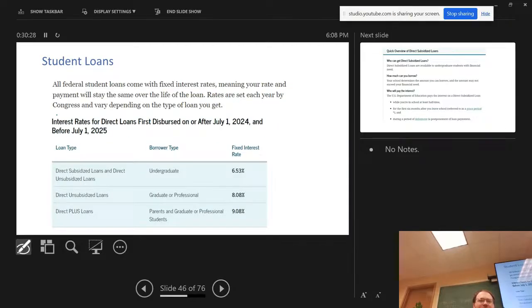One type of loan, I'm willing to bet at least somebody in here has to deal with: student loans. As someone who is still paying off his loans from college, I can tell you that they are real.